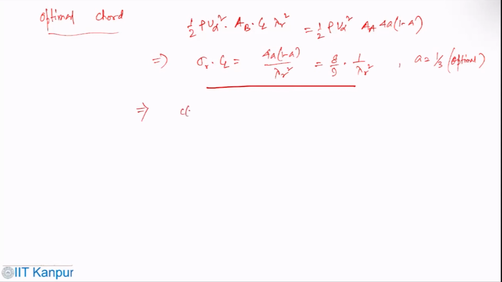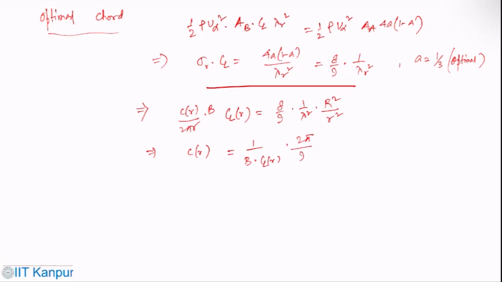What we do, 2 pi r into B CL r equals 8 by 9, 1 by lambda square r square by r square. So c by r equals 1 by B, 2 pi by 9, 8 by lambda square r square by r, which is proportional to 1 by r.